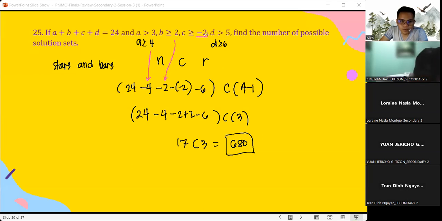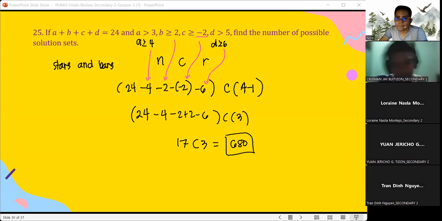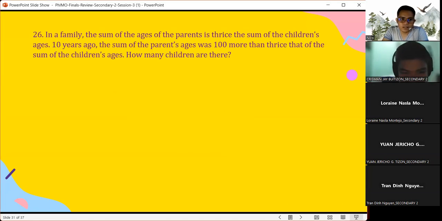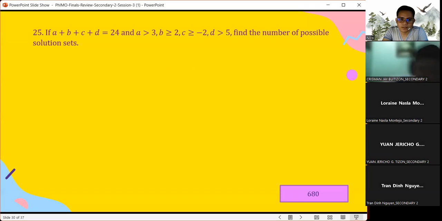But this is minus 2, so minus minus 2, it's plus 2. And this is 6. Oh, so shortcut na, right? Any questions? None? Sure? No questions? Okay. 26. 680, correct answer.